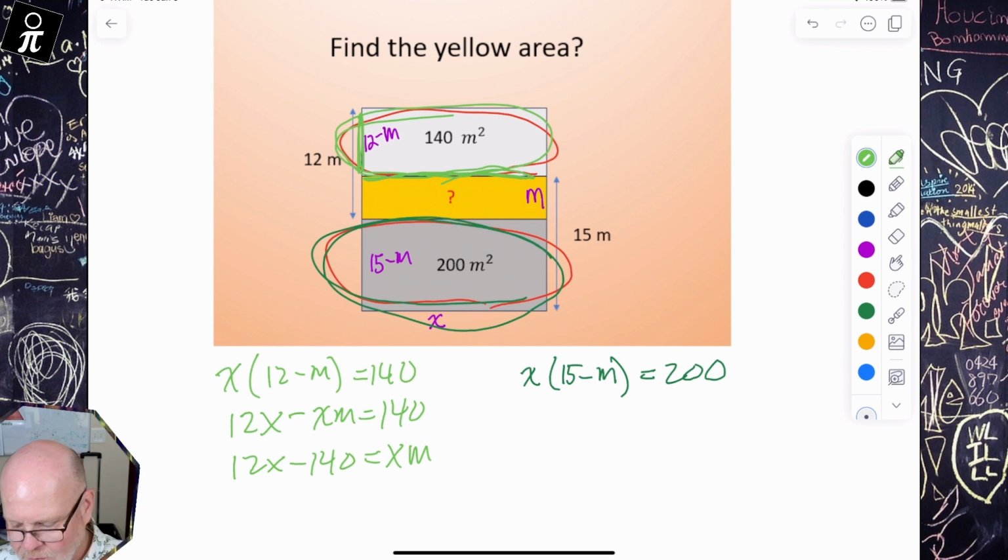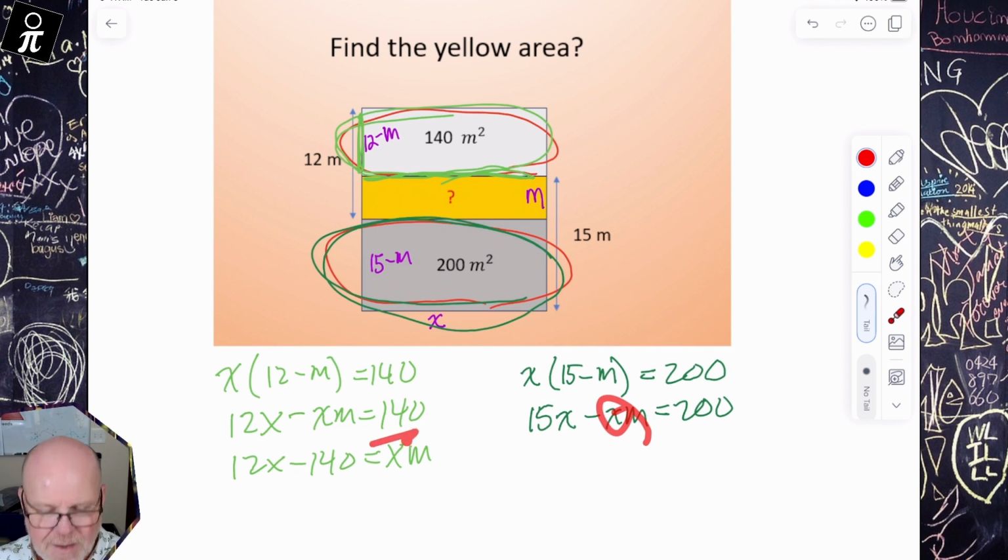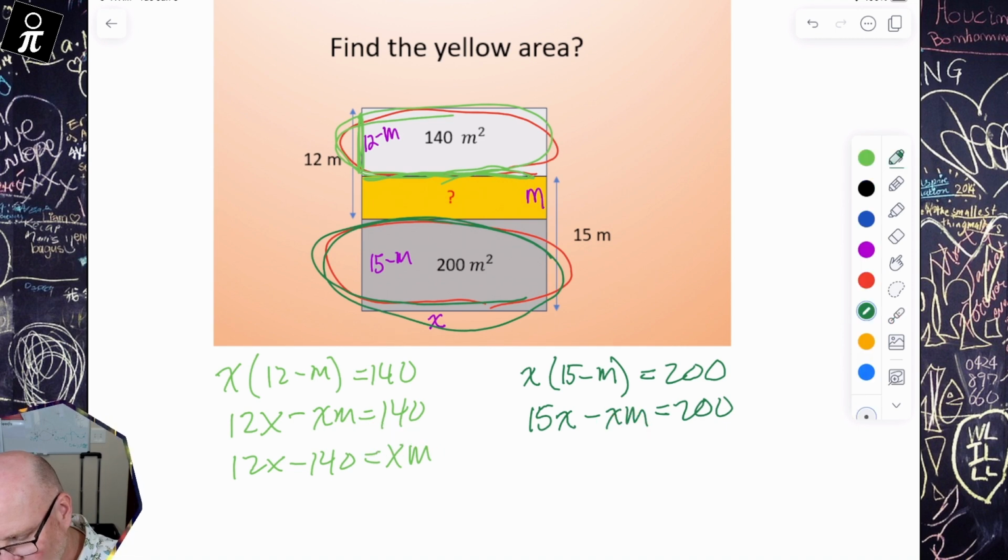The reason that's a telltale for me is because on this right side, I get 15x minus xm is equal to 200. You can see I've got an xm in both cases. So I'm going to end up with two equations with one unknown. It's going to be kind of easy.